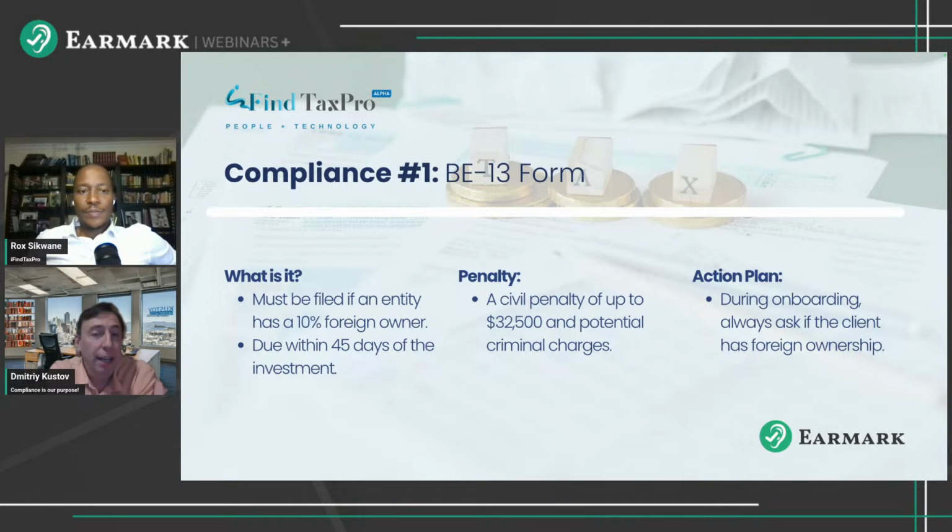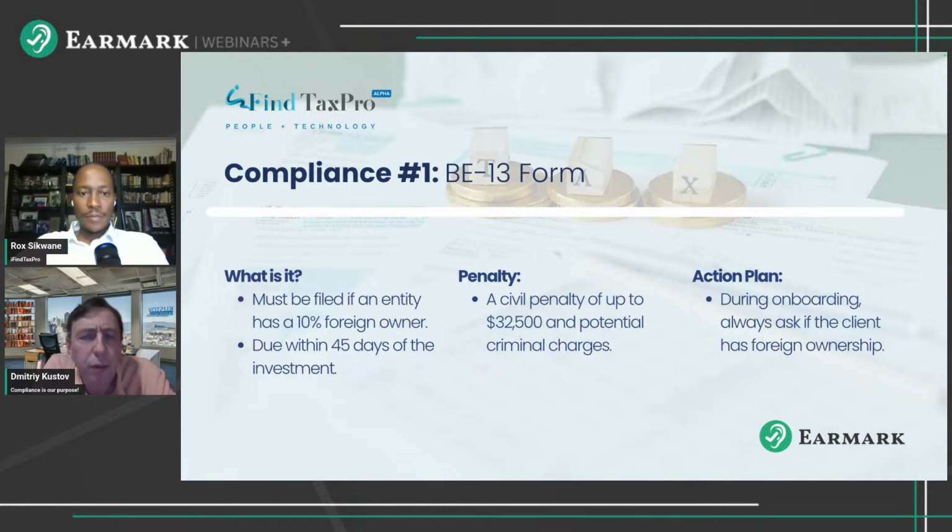Now, I suspect many of you know about this one. There's a series of forms for the Bureau of Economic Analysis. They usually come into play when there are foreign investors in U.S. enterprises. I think on that side it requires a 10% minimum holding by a foreign investor, and then those forms kick in.